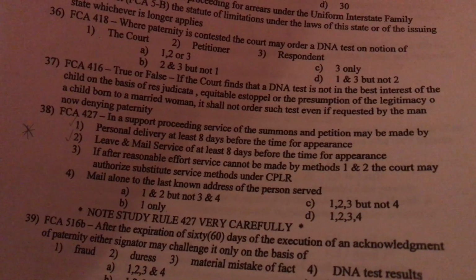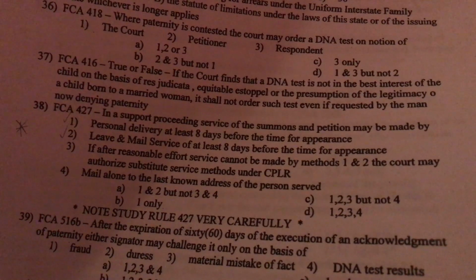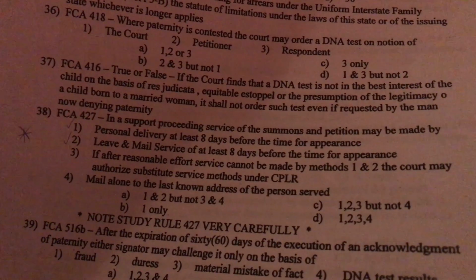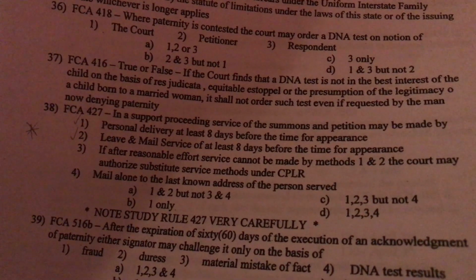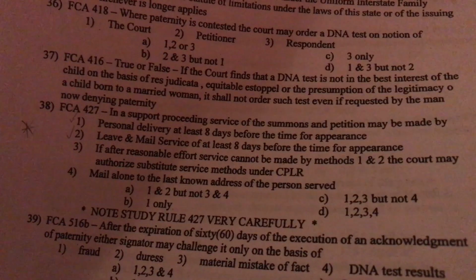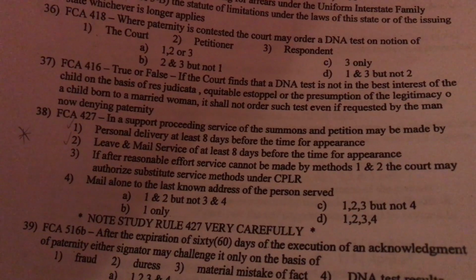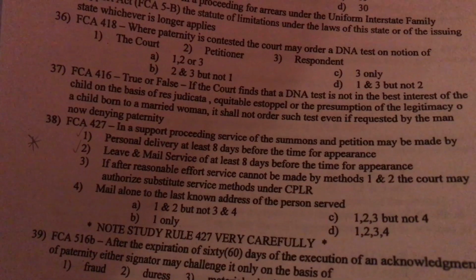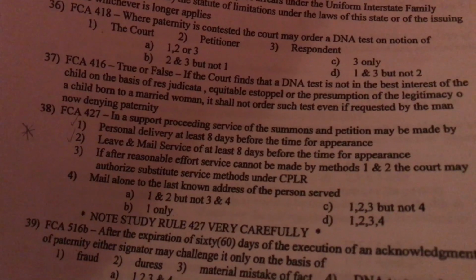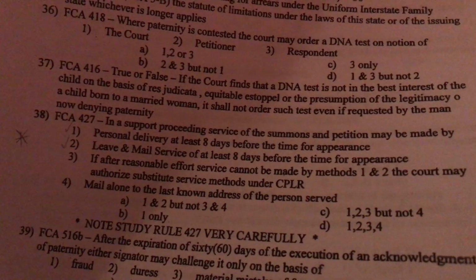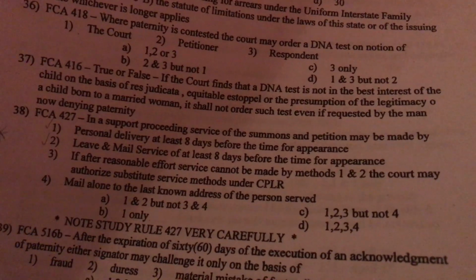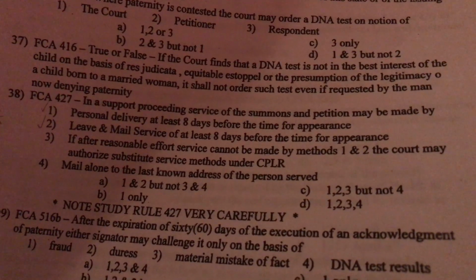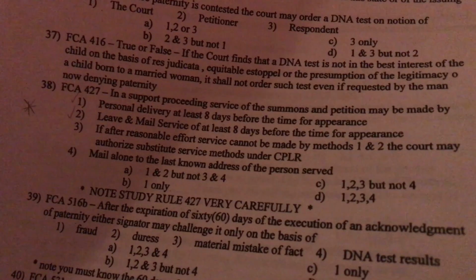So leave and mail service at least 8 days before the time for appearance, well, not sure if leave and mail service is the same as mail and mail service, because leaving it with a person of suitable age and discretion is completely different than substituted service, which would be by court order. You don't need a court order for suitable age and discretion. So this section is really, really difficult. That's why it's saying in here, study rule 427 very carefully. So I'm going to skip this question.